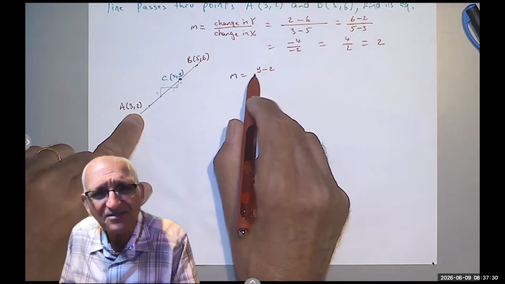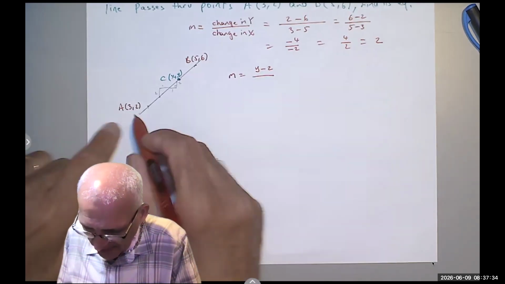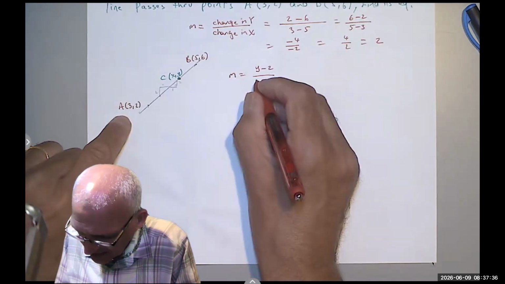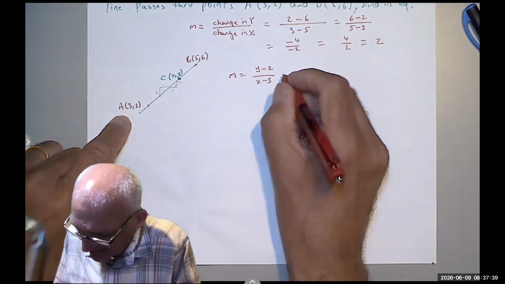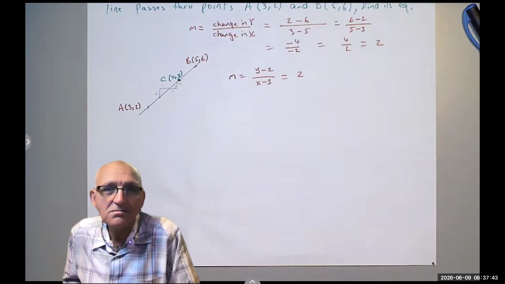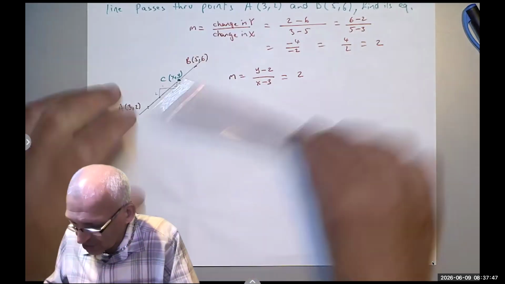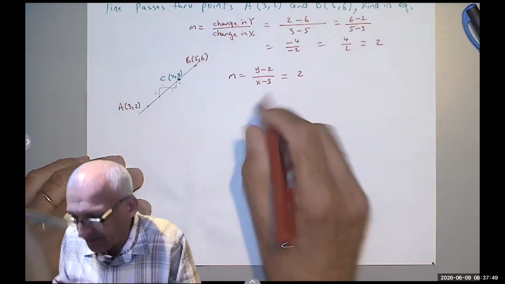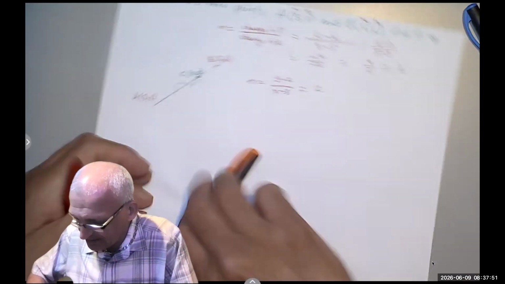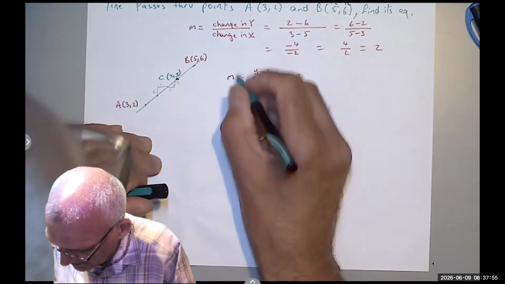So a letter minus a number? Yes. Over x minus 3. And that we found that it's 2. Oh, so now I can cross multiply, meaning I multiply both sides by x minus 3.